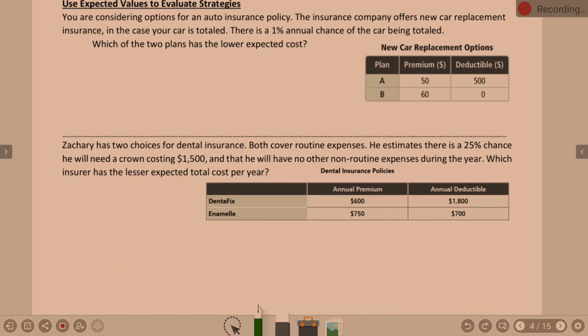Along the same lines, using expected values to evaluate strategies. Let's look at this one. You're considering options for an auto insurance policy. The insurance company offers new car replacement insurance in the case your car is totaled. There is a 1% annual chance of the car being totaled. Which of the 2 plans has the lower expected cost?